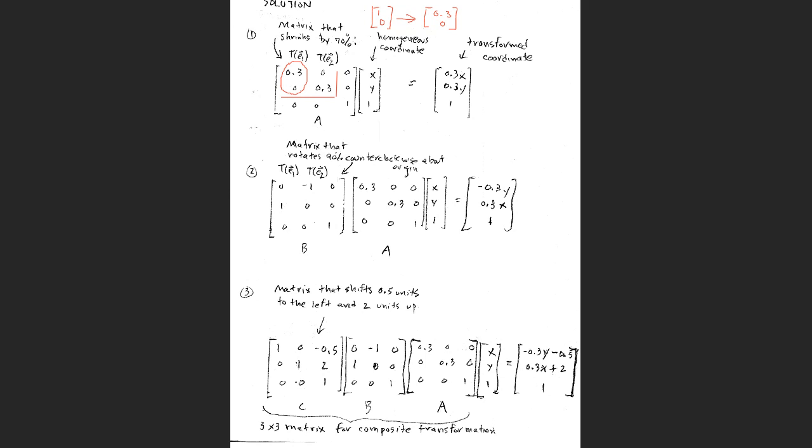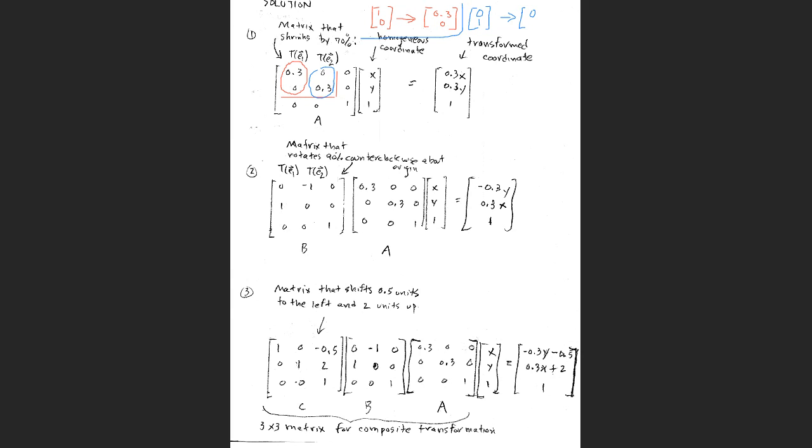Similarly, if you were to take E2, which is 0, 1, and you were in the xy plane, and you were to shrink that point by 70%, it would move that coordinate on the y-axis, since 0, 1 is on the y-axis.